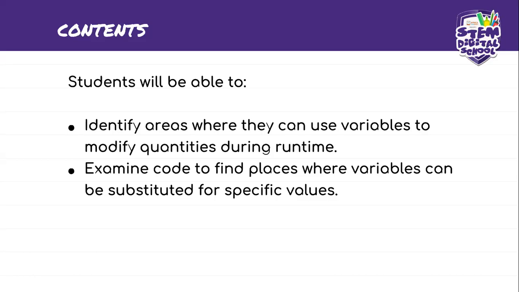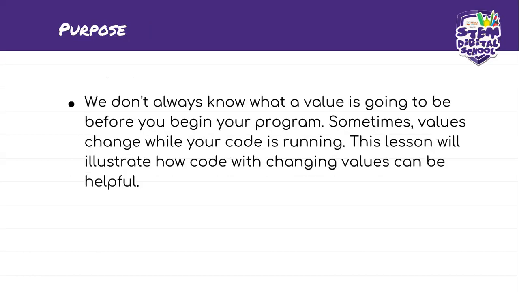And then also to examine code to find places where variables can be substituted for specific values. Like I said, it's always easier to work with a specific value than it is to work with equations and changing values. So if we can spot where we can use specific values, that's always a lot better.